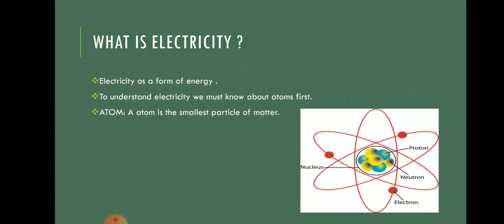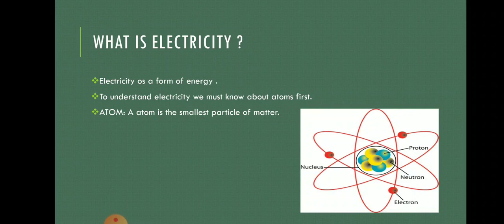Okay, what charges do they have, what role do they play in electricity, that we are going to discuss in this chapter. So in the diagram you can see that in the center part there are two colored balls, a yellow ball and a blue ball. They are the two particles present in the center, and the central part of an atom is known as the nucleus. Now this diagram resembles something. Yes, it resembles the solar system, with the sun at the center and planets revolving around it.